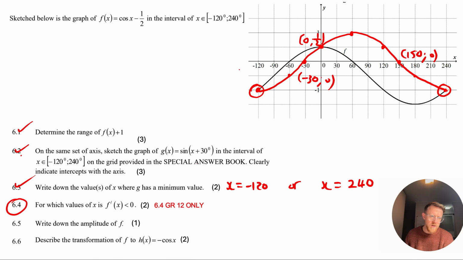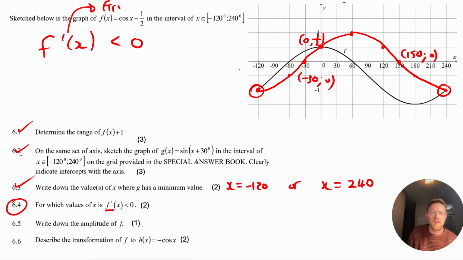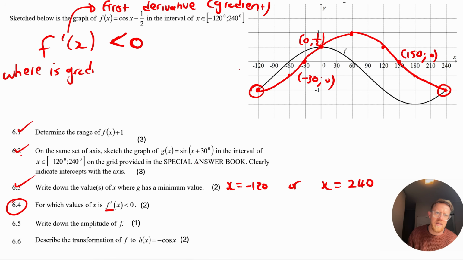This question: for which values of x is f' smaller than 0? So just look carefully. Remember that when you've got this over here, this is your first derivative, and that is another name for gradient. So they're actually saying, where is the gradient of the graph smaller than 0? Where is the gradient negative?